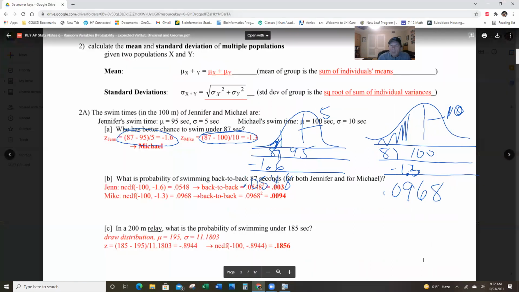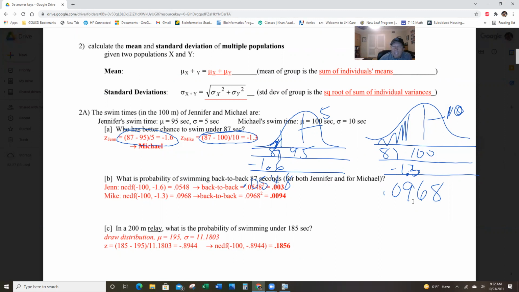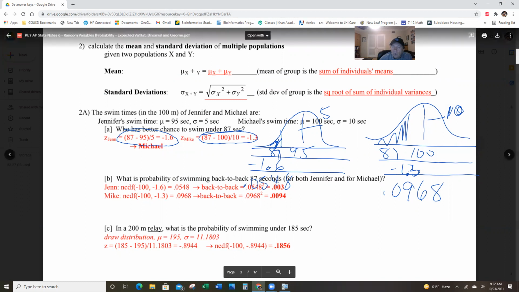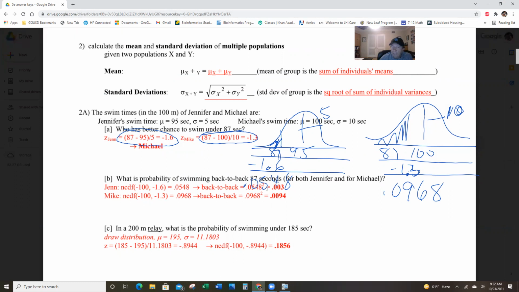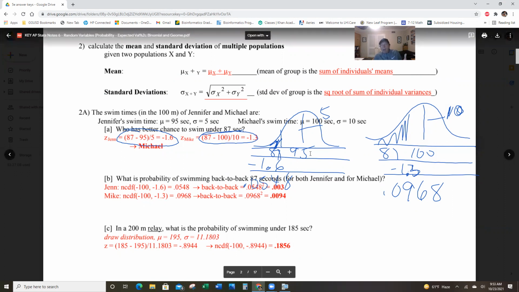So as you can see, Michael's got about a 9.68% chance of swimming under 87 seconds, while Jennifer has about a 5.48% chance of swimming under 87 seconds. What's ironic is Jennifer is better overall.